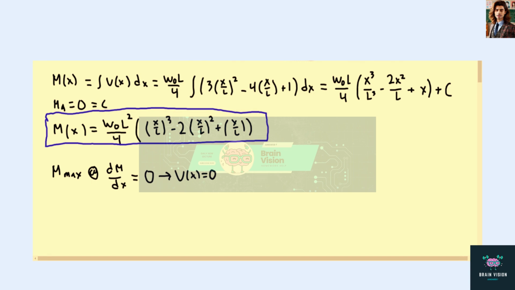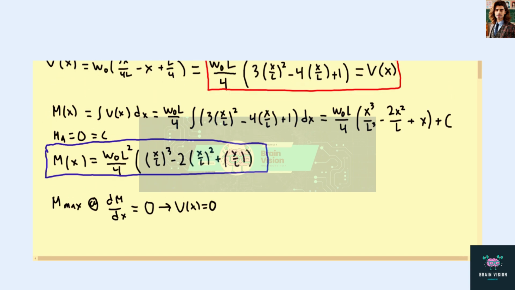So if we scroll up a little bit here and look at our V, we can ignore the constant, and we can set 3 times x over L squared minus 4 times x over L plus 1 equal to 0.